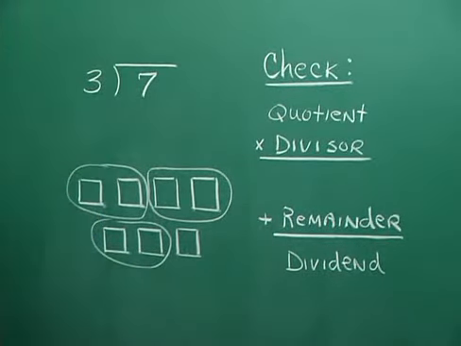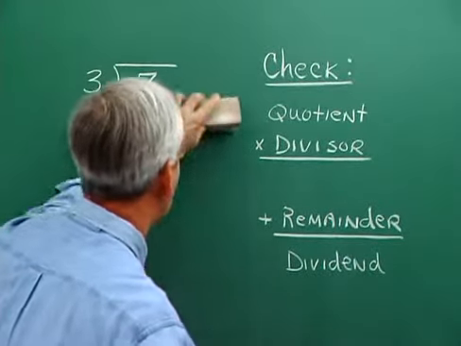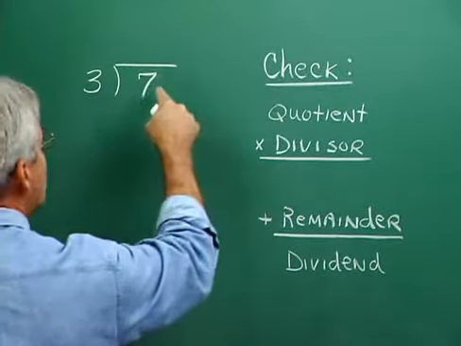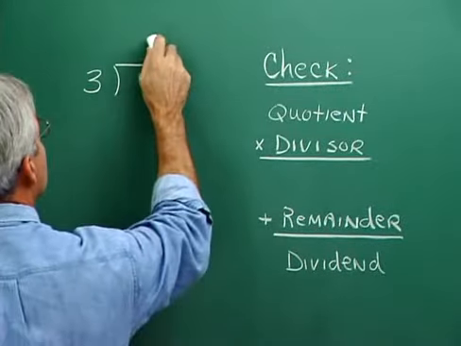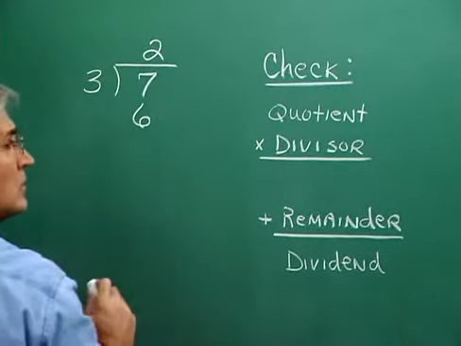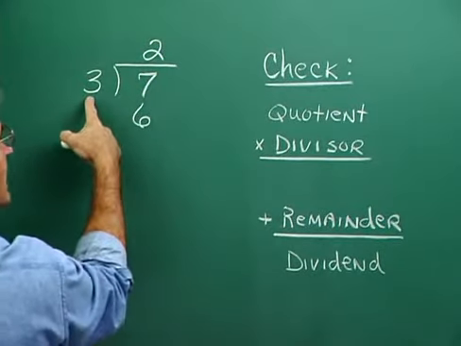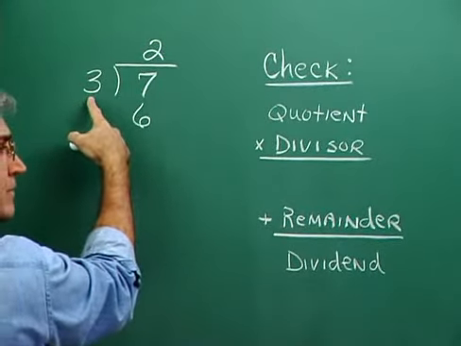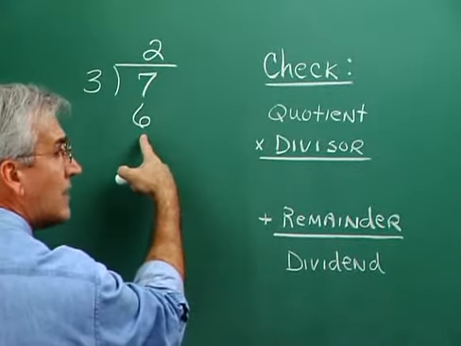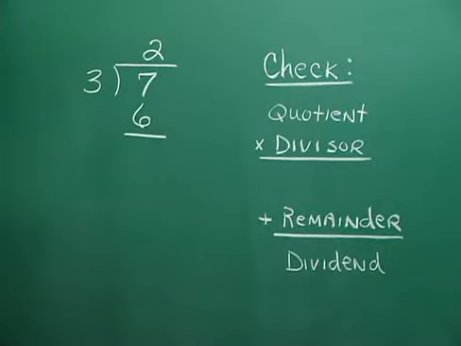Now, that's going to be the case up here too, and let's see how it works out using the digits involved. We say that 3 goes into 7 2 times. 2 times 3 is 6. So we have 2 items in each of those 3 parts, or 3 groups. And we have, therefore, by this 6 items, but we have 7 up here, so we want to designate the remaining item.